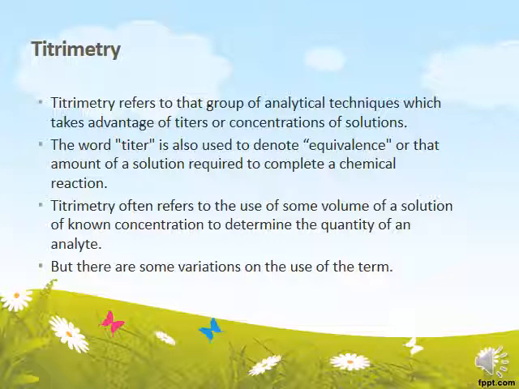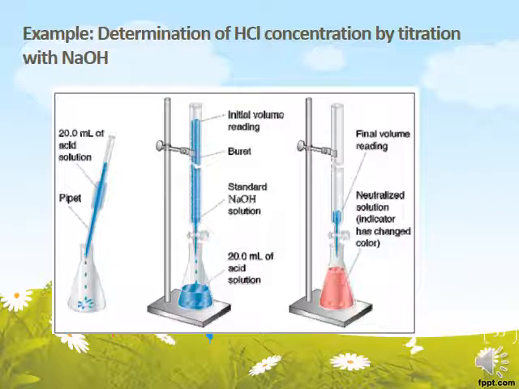So I'm sure you are very familiar with titration. This is an example of determination of hydrochloric acid concentration by titration using sodium hydroxide. First of all, we pipette 20 ml of acid solution, hydrochloric acid, into a conical flask.